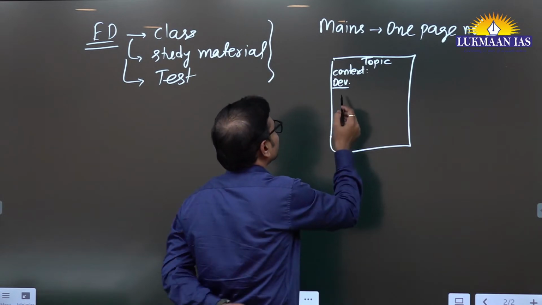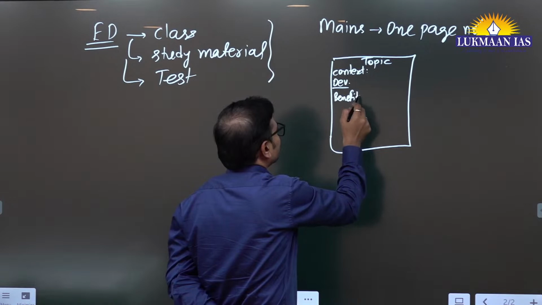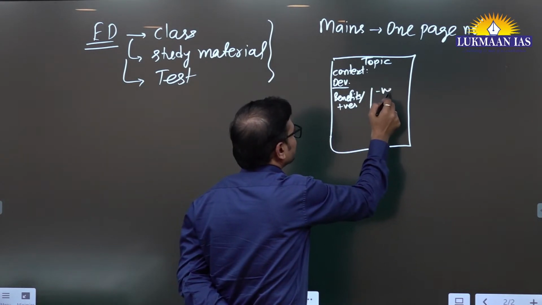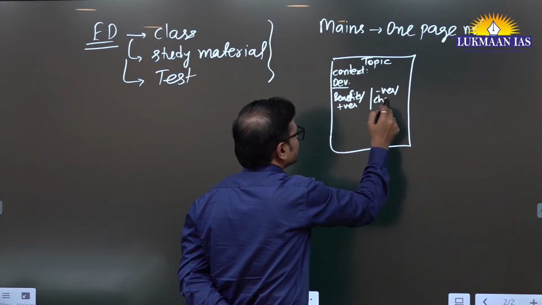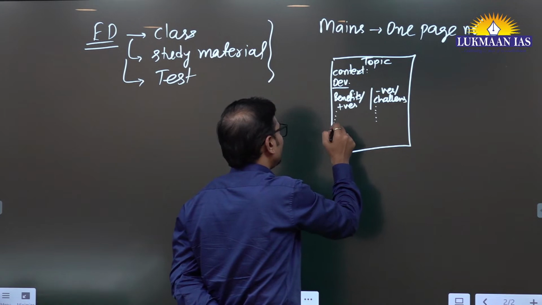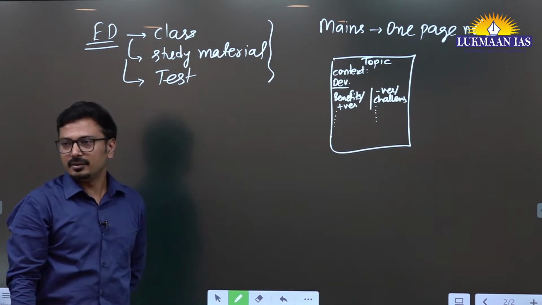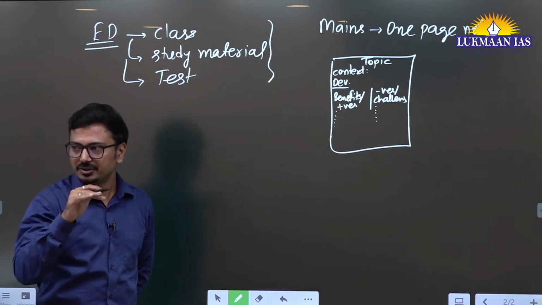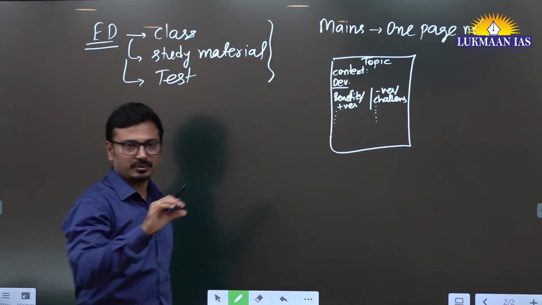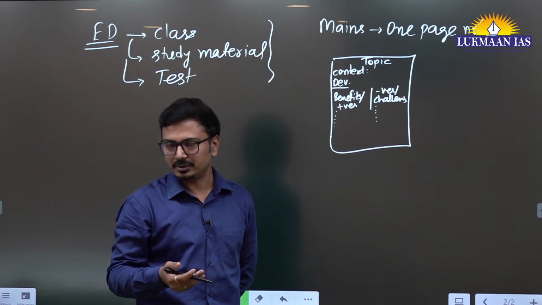That is, we can say the benefits, positives, then negatives, limitations, challenges. 1, 2, 3, 4, 5. 1, 2, 3, 4, 5. Write in a priority manner. Most important point should be written first. Only keywords, right? Only keywords. I am going to show you the first topic, how I have made a 1-page note.